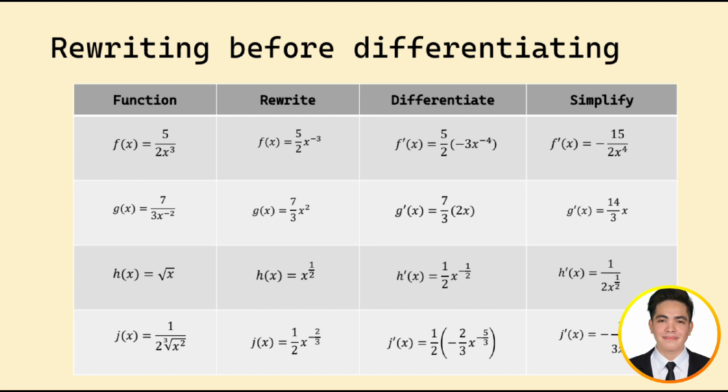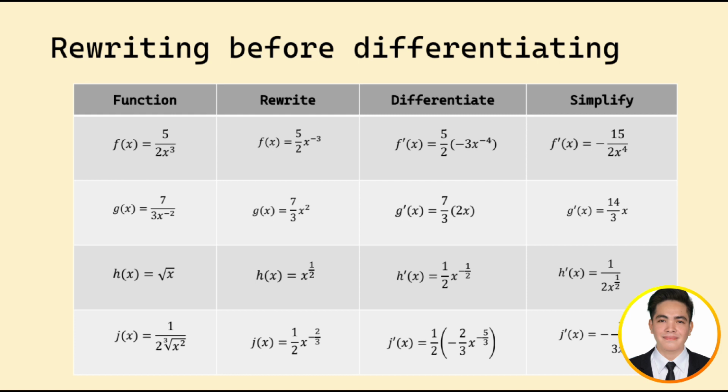So the first thing is define the function, and then if we are having a hard time using some of those four rules of differentiation, we could rewrite the function so that we can easily differentiate it. So let's have the first example.